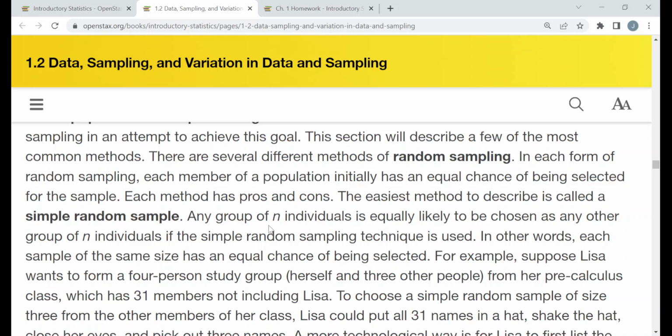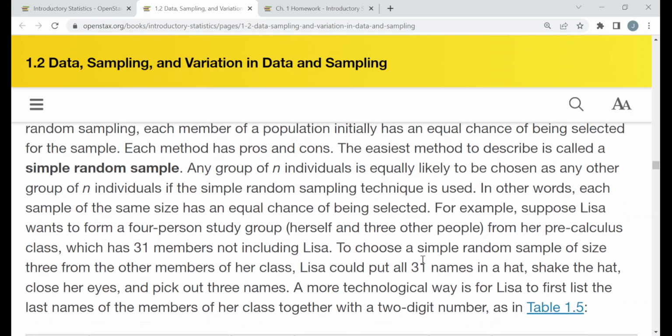Any group of n individuals is equally likely to be chosen as any other group of n individuals if the simple random sampling technique is used. So they continue on, elaborate. In other words, each sample of the same size has an equal chance of being selected.